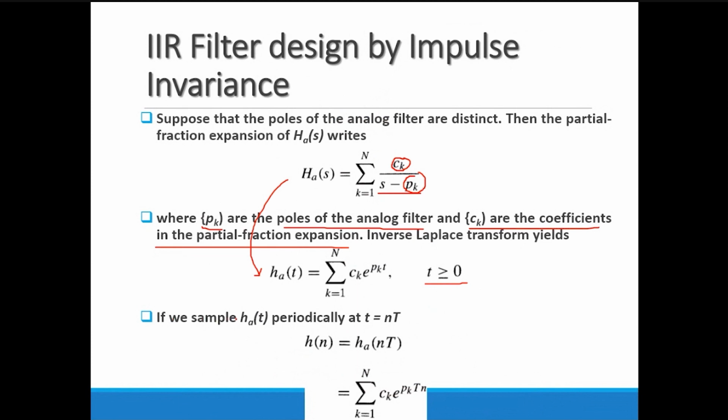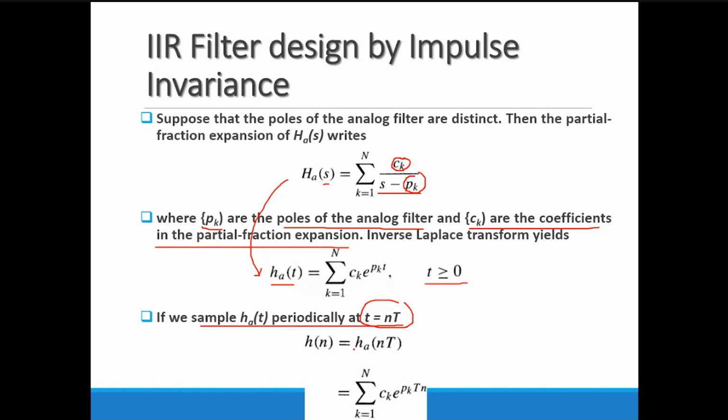As this is the impulse invariance method, first we have to obtain the analog impulse response, then we apply the sampling. So this is the analog response of the filter ha(t). Here it was in the s domain, we converted it to the time domain using the inverse Laplace transform, and then we apply the sampling. So we get ha(t) and we sample it with t equal to nT.